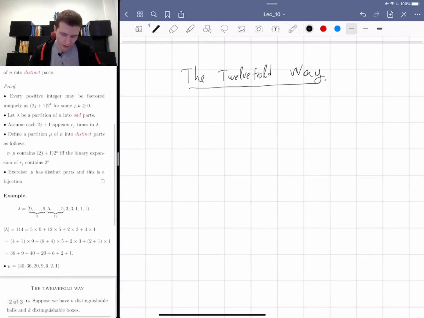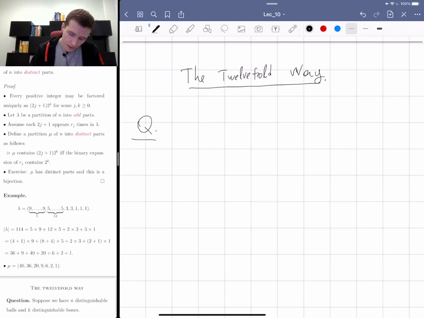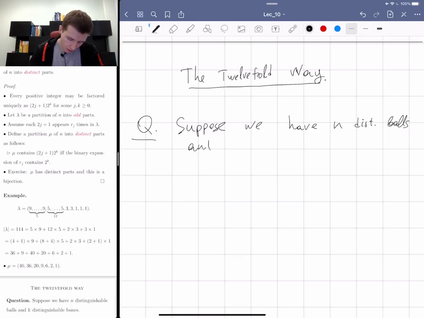The idea is we're going to count the number of ways to put a bunch of balls into a bunch of boxes. Suppose we have n distinguishable balls and k distinguishable boxes.